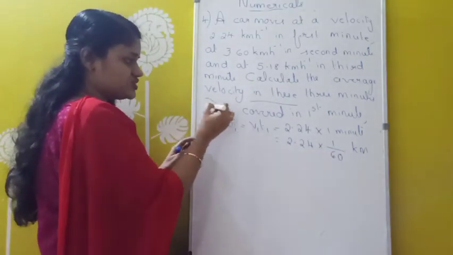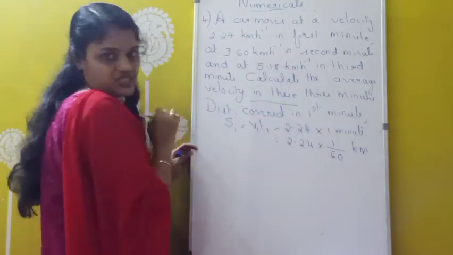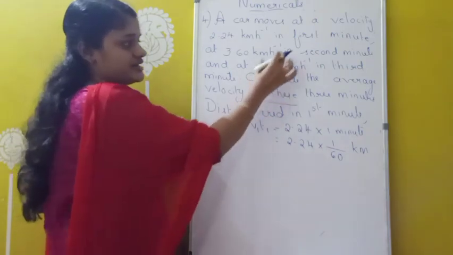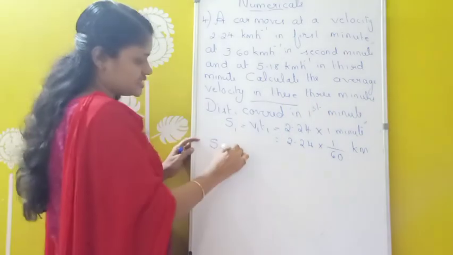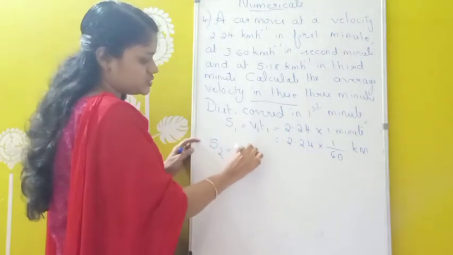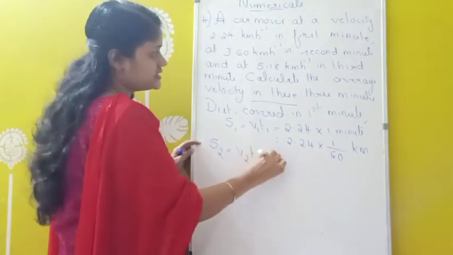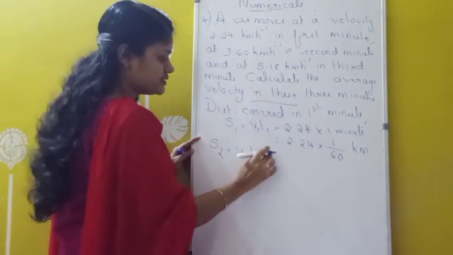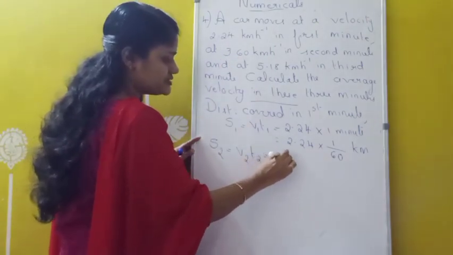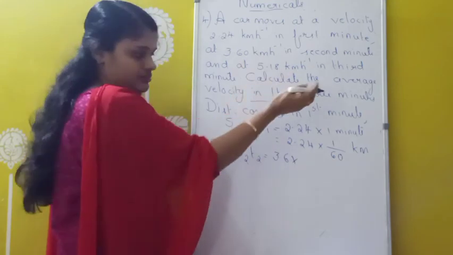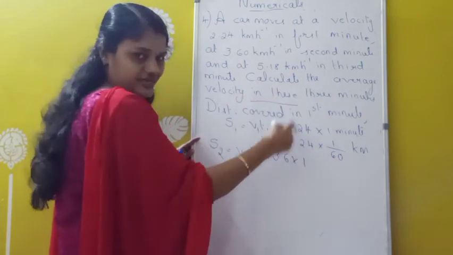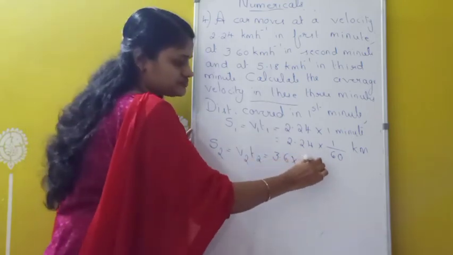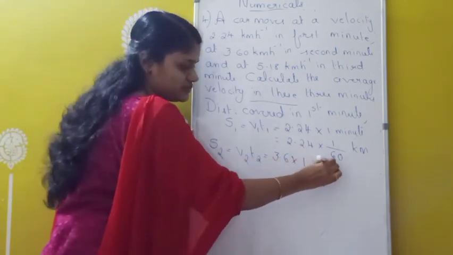Similarly, we have to find the distance covered in the second minute. I am taking S2. S2 is the distance covered in the second minute. That means S2 equals V2 into T2. What is the velocity in the second minute? 3.6. So 3.6 into 1 minute, the next 1 minute only is given.